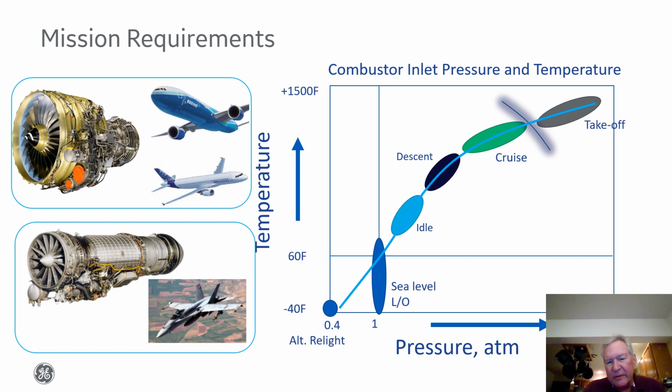On the right-hand side of the slide, I made a depiction of the pressure and temperature ranges over which a gas turbine combustor needs to operate, and I superimposed on that operating line examples of where different portions of the flight cycle would be represented.